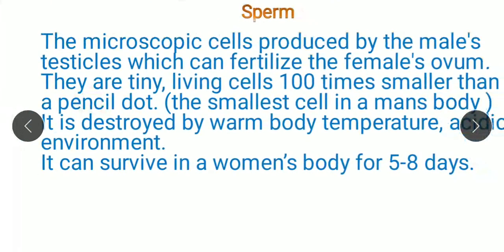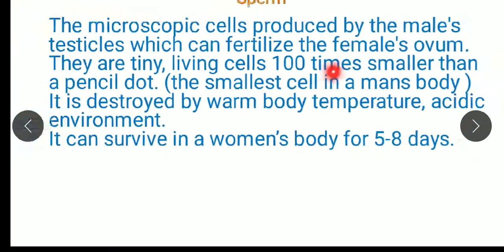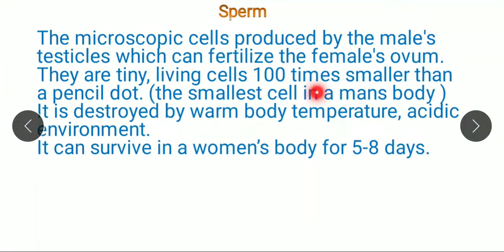Note the points. Sperm is the smallest cell in the human body, a male gamete. It is destroyed by warm body temperature and acidic environments. The sperm cells are destroyed in high temperature and acidic or alkaline environments.